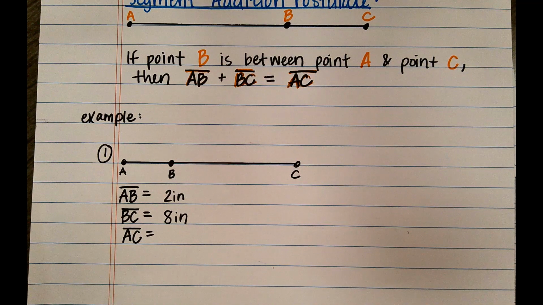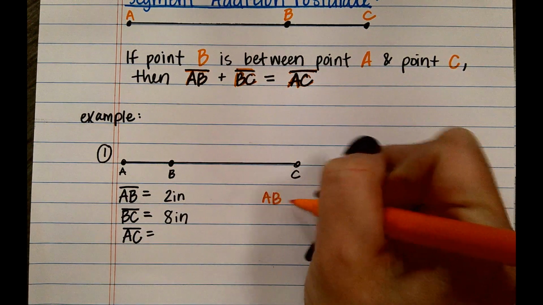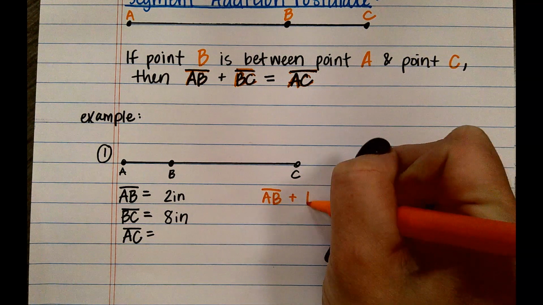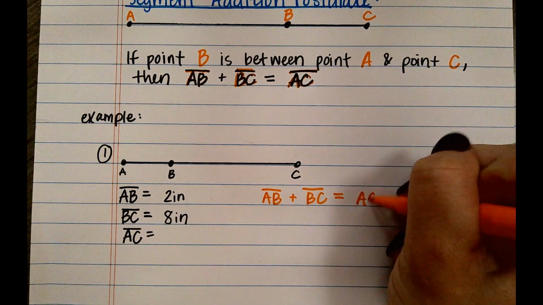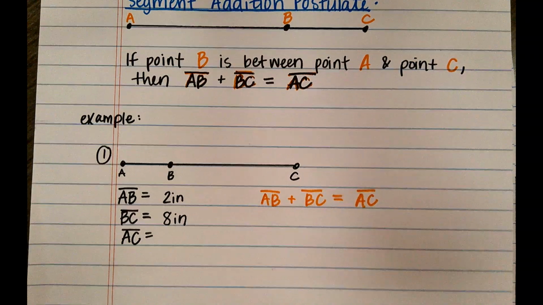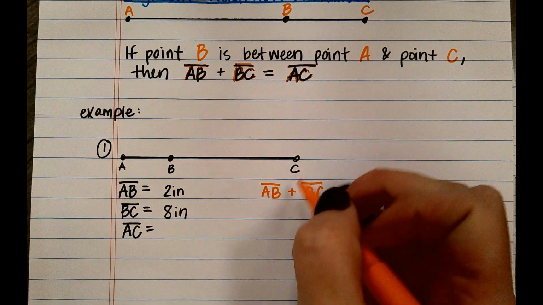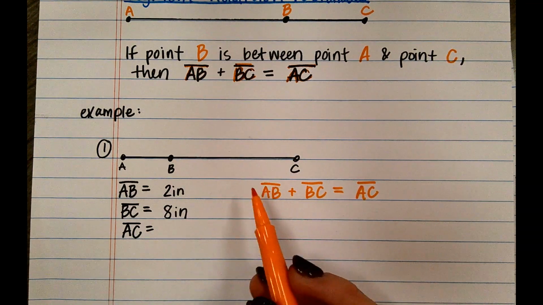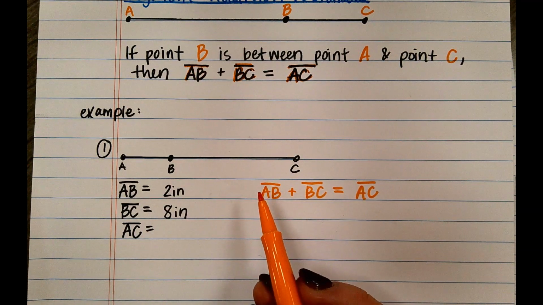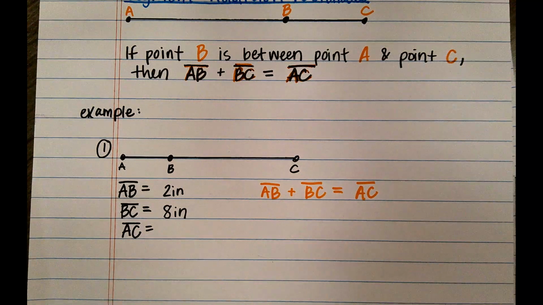So I'm going to write here, well, I know that AB plus BC equals AC. And AB is 2 inches, so I'll replace it, we're going to treat this like a variable. You guys remember what a variable is? A variable is just a letter or a symbol that represents or replaces a number.